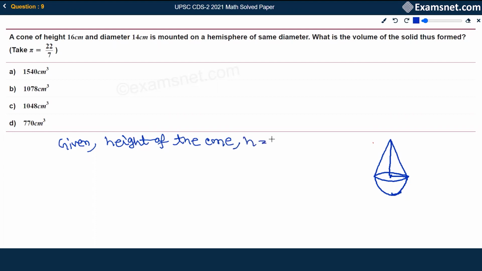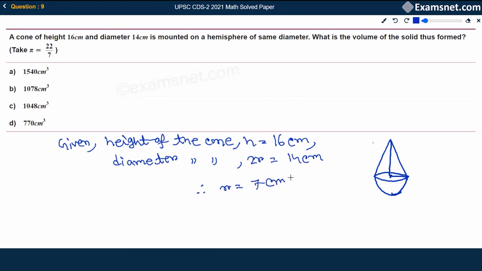height of the cone, if we denote it as h, that is given as 16 centimeter. And diameter of the cone, we can name it as let's say 2r. If r is the radius, that is 14 centimeter. Therefore, radius of the cone we can say 7 centimeter.